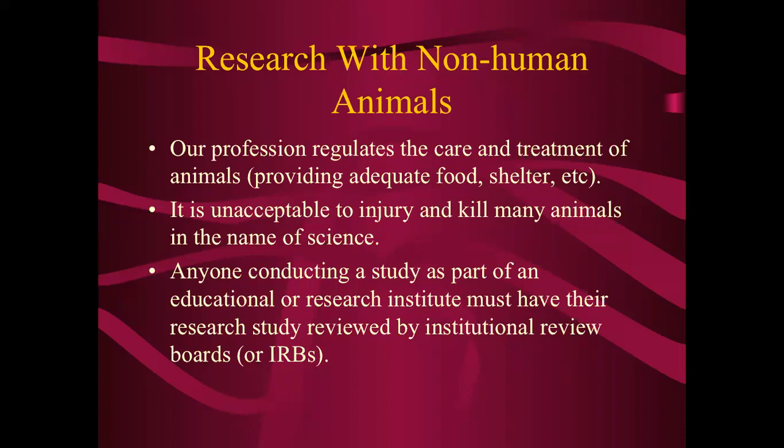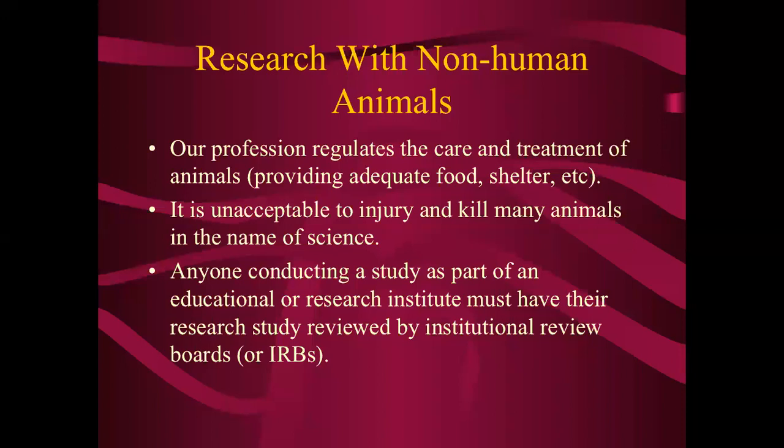Now, I mentioned the IRB for human research. We also have an ethics board for animal research. So it's called the IACUC, which is an institutional animal care and use committee.